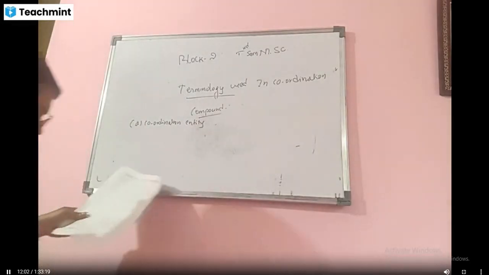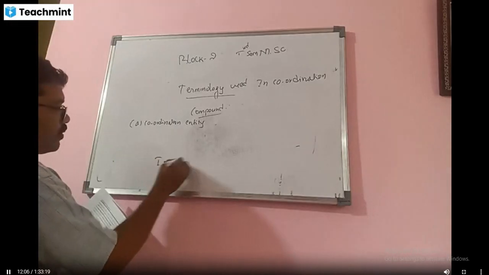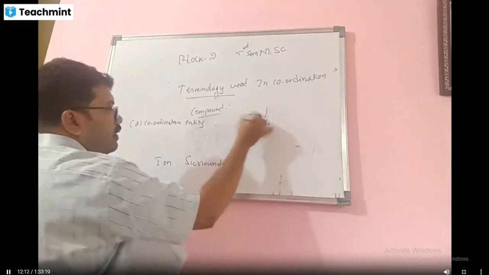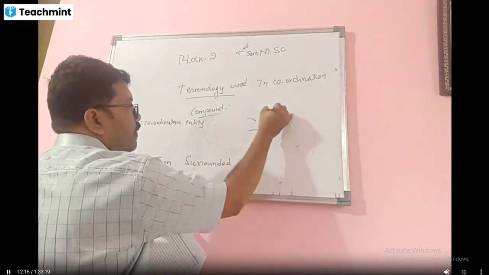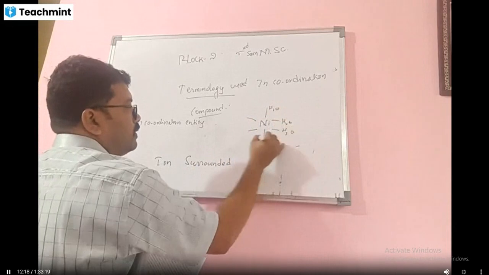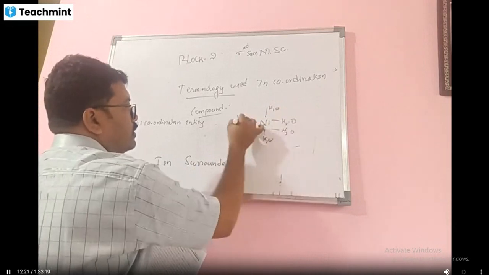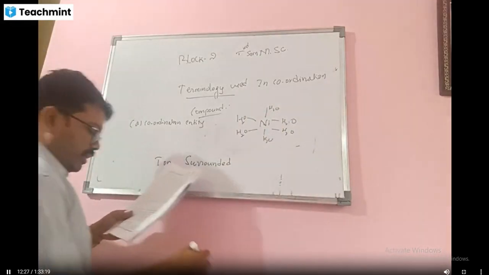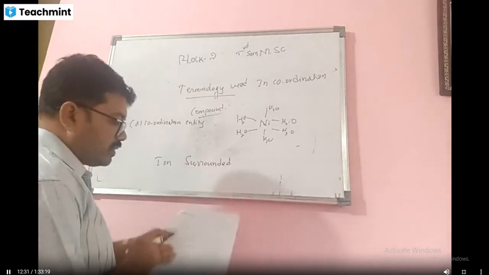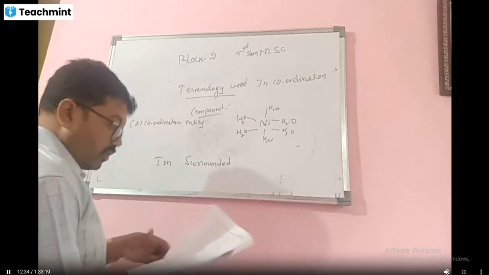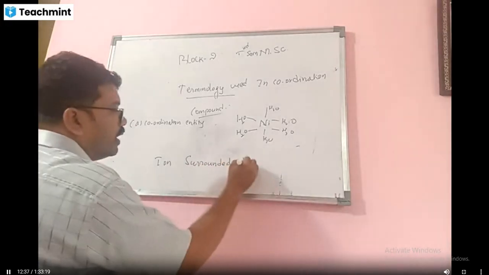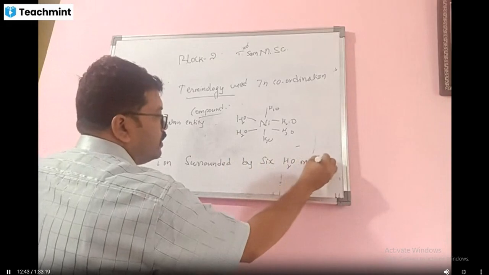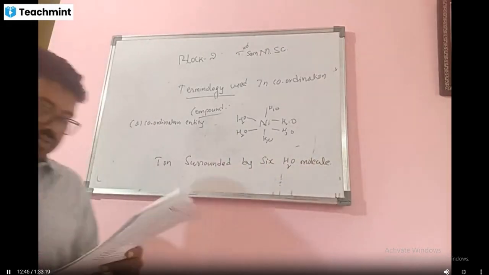It is an ion surrounded by, for example, water, as I already told. An ion is surrounded by 3 ammonia and 3 chloride ions. Here, in this example, the ion is surrounded by 6 water molecules.